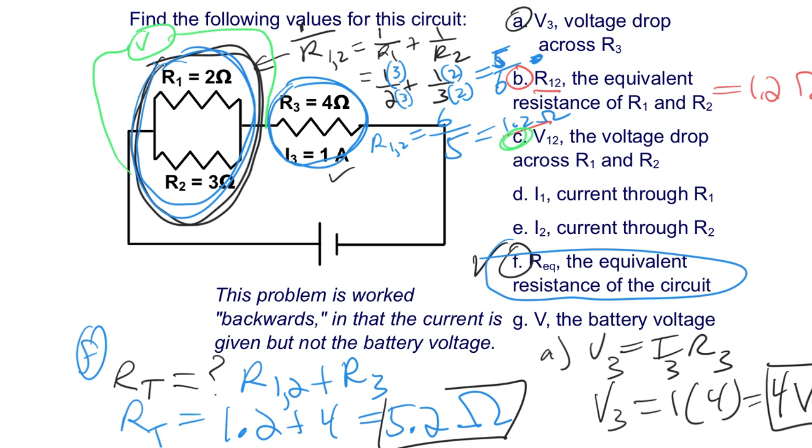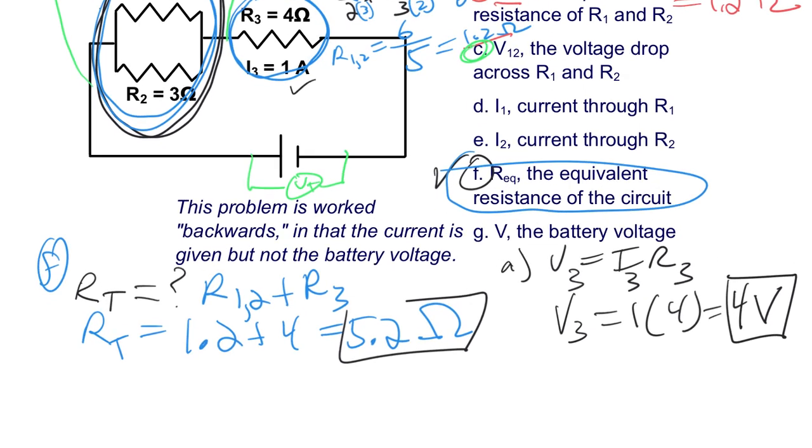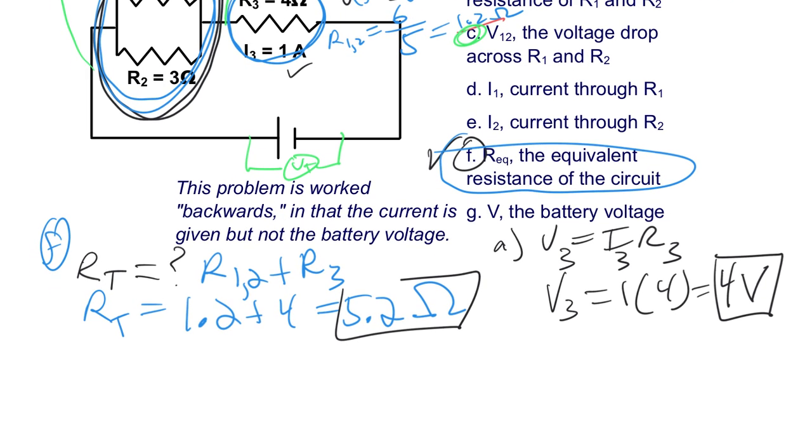Well, R12, let's call that V1,2. Well, if this R3 wasn't there, it would be the total resistance of the battery, which is not given. But R3 is there, so we can simply go Ohm's law on that.